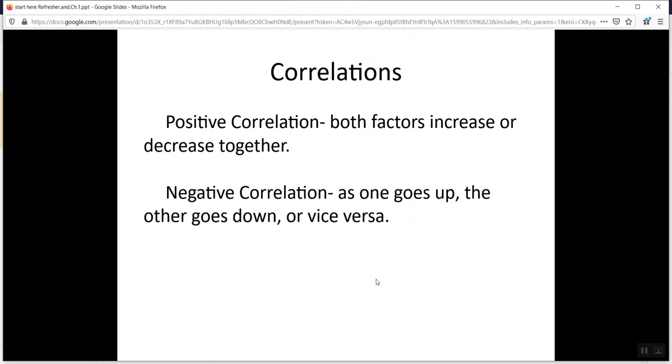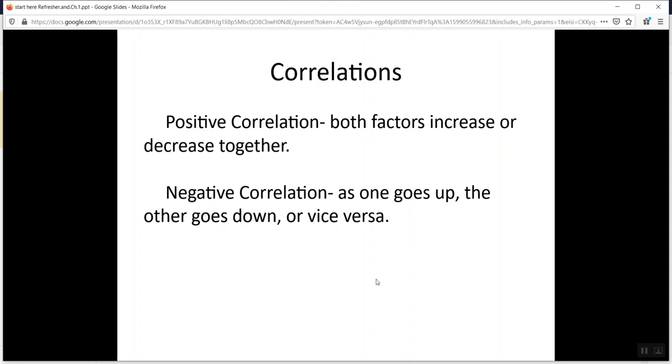So an example of negative correlation might be, as the temperature rises, the amount of clothing we need to wear goes down. And the opposite of that would be, as the temperature decreases, the amount of clothing we need to wear goes up. Does this mean that the weather causes us to dress in a certain way?